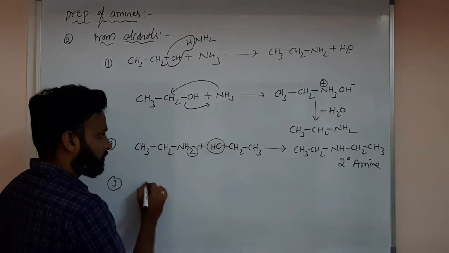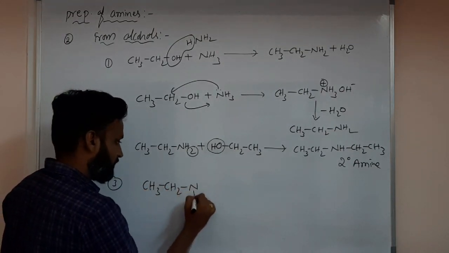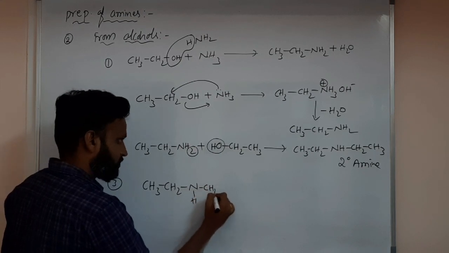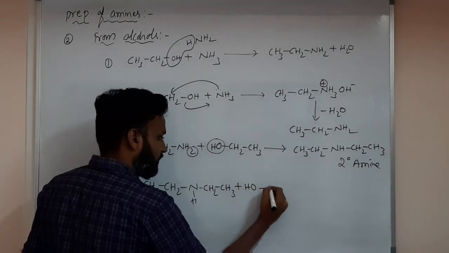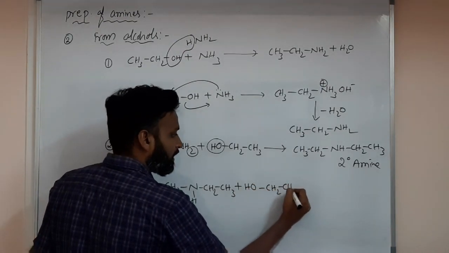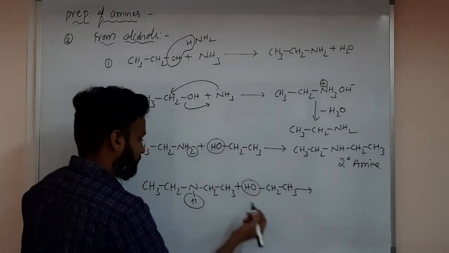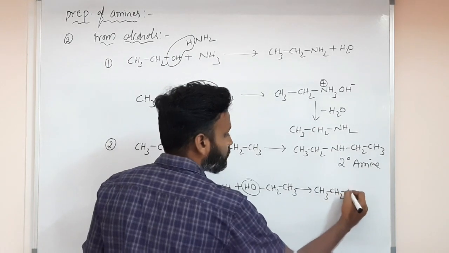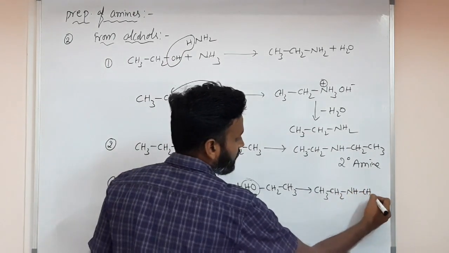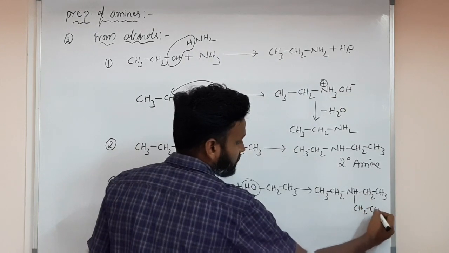Like this, is tertiary amine also possible or not? How is a tertiary amine possible? CH3CH2NHCH2CH3, when it reacts with another alcohol, OH CH2CH3, then what happens? Same story. H from here, OH from here will go, and you have CH3CH2 N with CH2CH3 and CH2CH3.